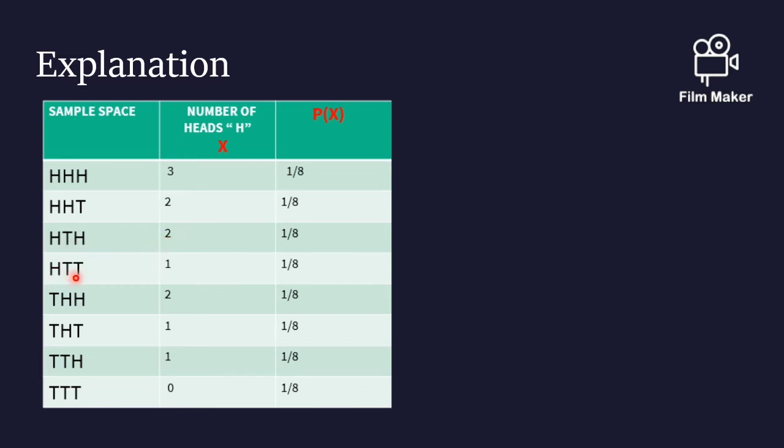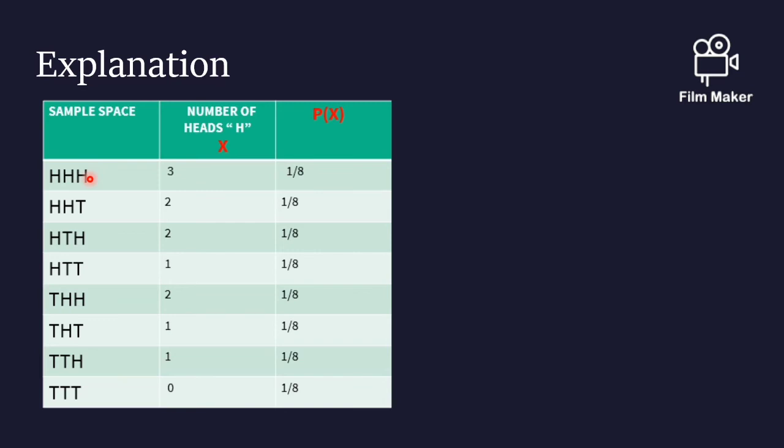Head, tail, tail: only one head, you just write 1. Tail, head, head: 2. Tail, head, tail: only one head. Tail, tail, head: the number of heads is only 1. Tail, tail, tail: there are no heads. You will write 0.